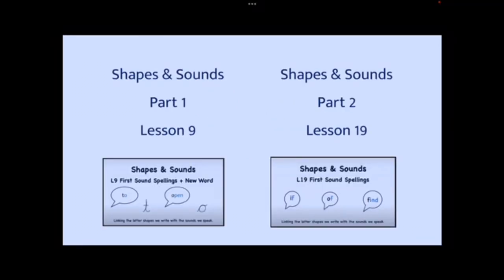There. Now if you'd like to go back to take another look at the lessons where we introduced each of the words, then you could go to part 1 and lesson 9 for a sum up of the words in that part of shapes and sounds. Lesson 19 will give you the same sum up for part 2.